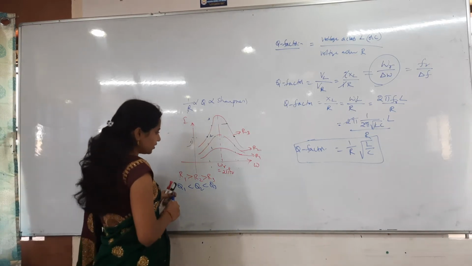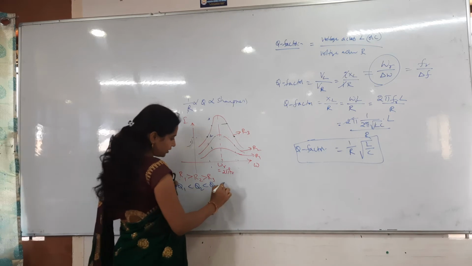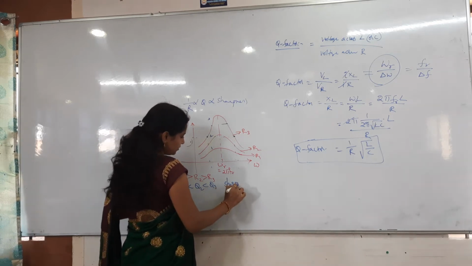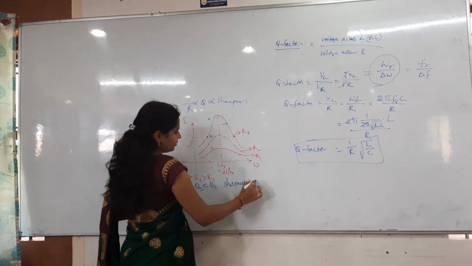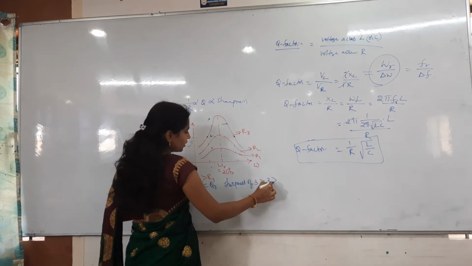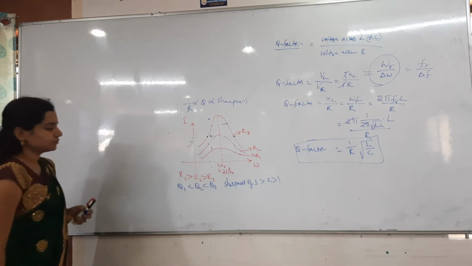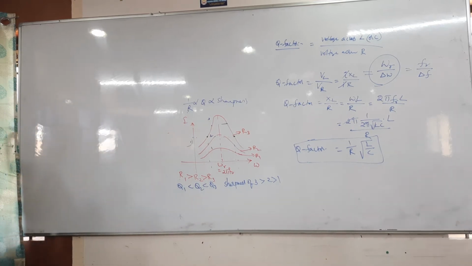Write yesterday's resonance curves. Sharpness of 3 greater than 2 greater than 1. Write this relation also.